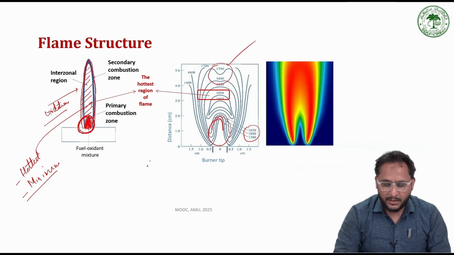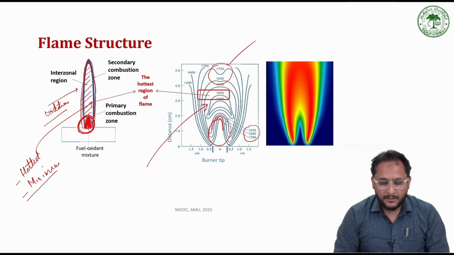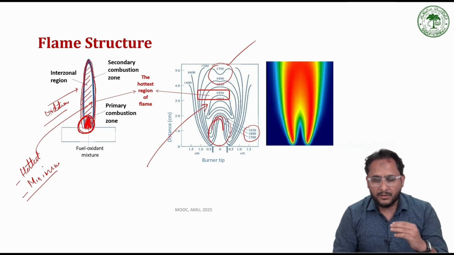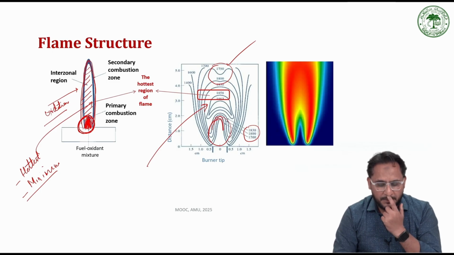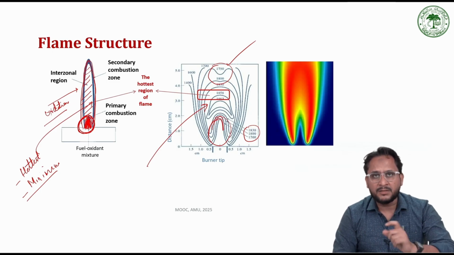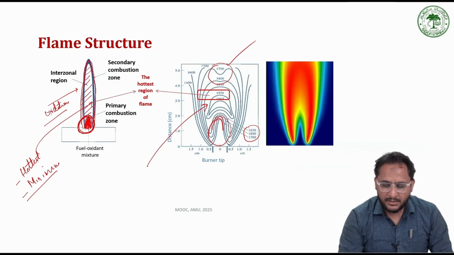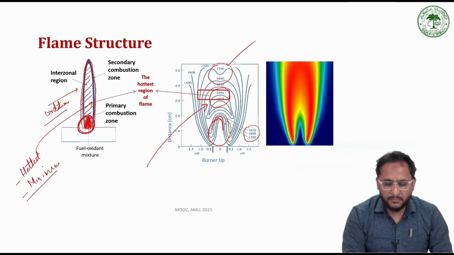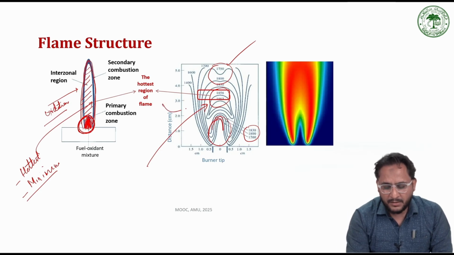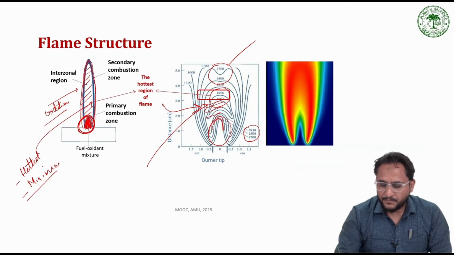But if you look at the internal zone, the middle zone, in between the primary and secondary regions, the temperature is highest, over 1858 and 1863 degrees Celsius, and the possibility of oxidation is also minimum, and therefore we prefer that the sample from the nebulizer is injected and atomized in this particular region.